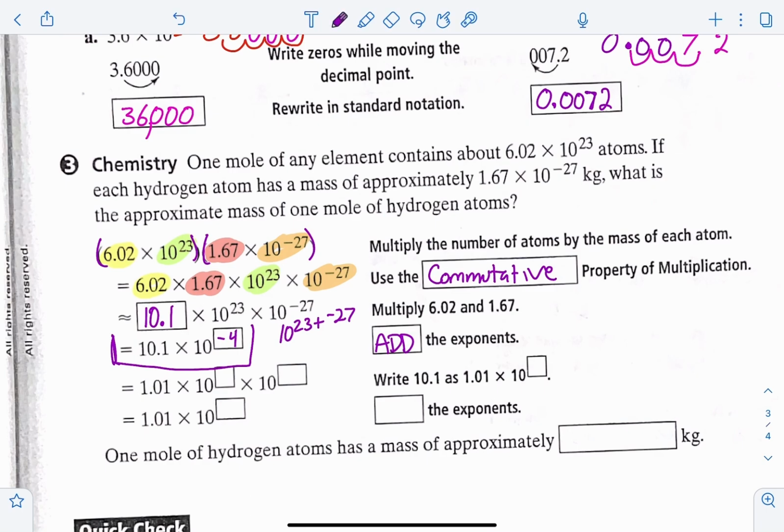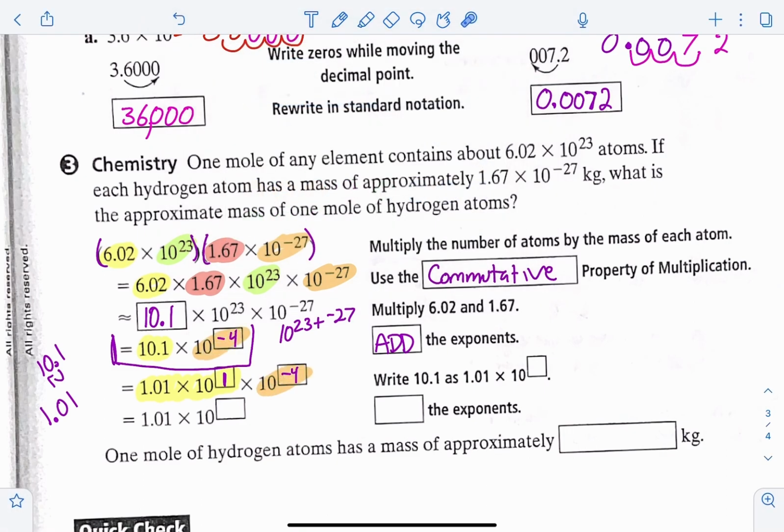So what they did is they turned 10.01 into 1.01 times 10 to a power. If we moved it one place over to end up with 1.01, it's 10 to the 1. Okay, and we still have times 10 to the -4 because that was this piece.